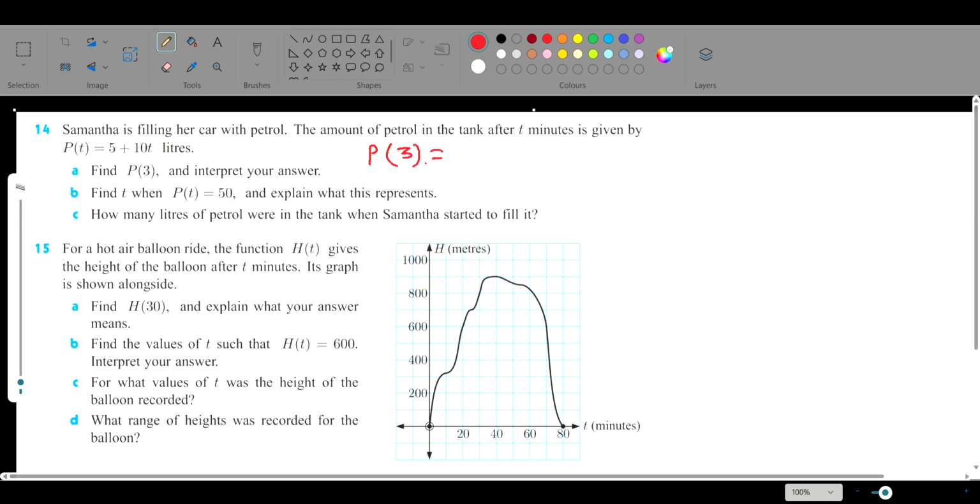So if I'm figuring out P(3), it means in 3 minutes, how many liters of petrol are filled in the car. So it's 5 plus 10 times 3, 5 plus 30, which is 35 liters. So the interpretation would be in 3 minutes.